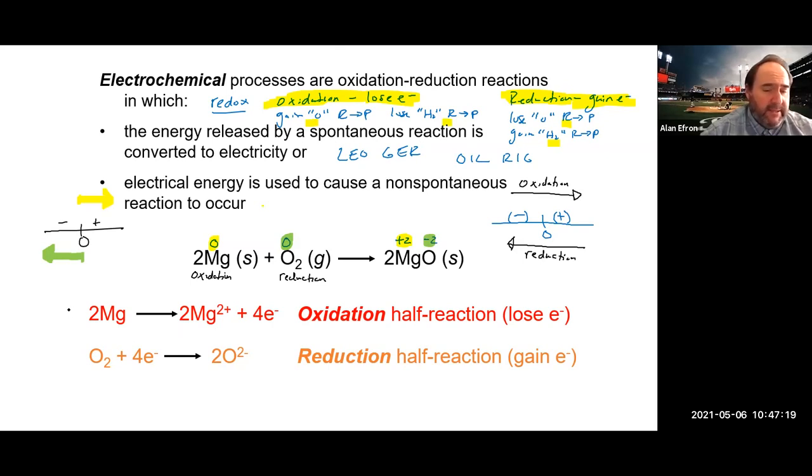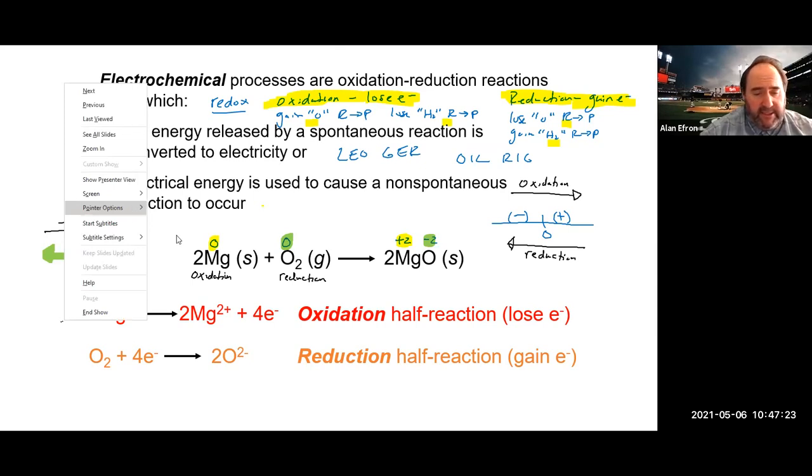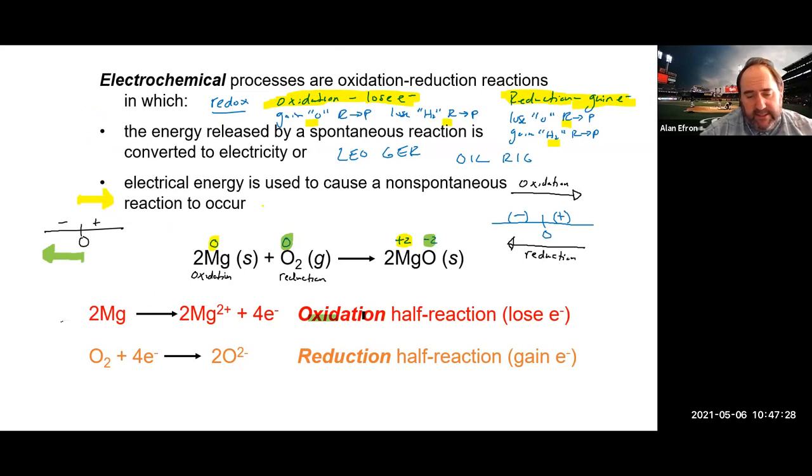How do I know this is an oxidation half reaction? I know that from electrons on the product side. We see electrons there on the product side, and that's an indication that this is an oxidation reaction. The electrons are being given off, they're being lost, so they're like a product, being released, if you will.